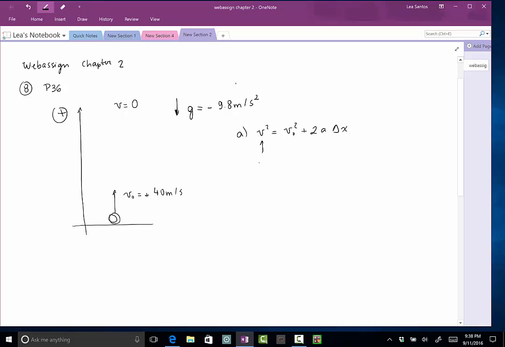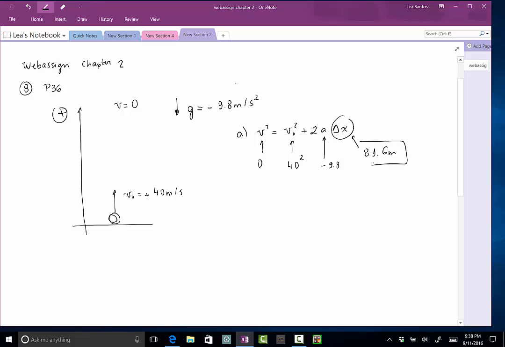Final velocity will be 0. Initial is 40 meters per second, which I'll need to square. a is gravity and it's minus 9.8, and so we'll find this delta x. If you put it in your calculator, you should arrive at 81.6 meters.